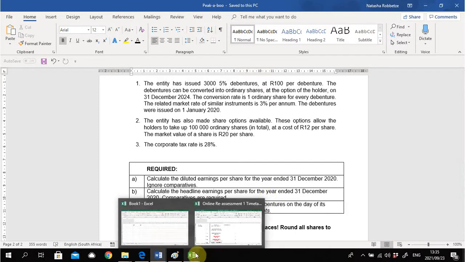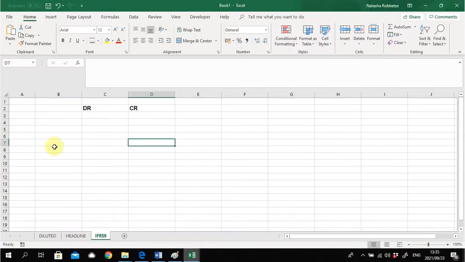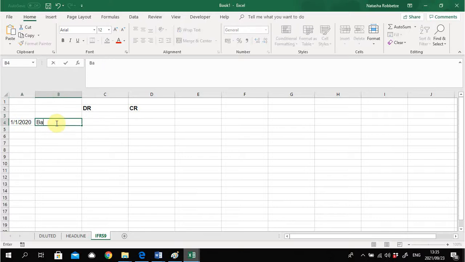So we're going to say with the issuance, which was 1 January 2020, we're going to have money in the bank account. So we're going to debit the bank account by the amount received, which is 3,000 debentures at 100 Rand.